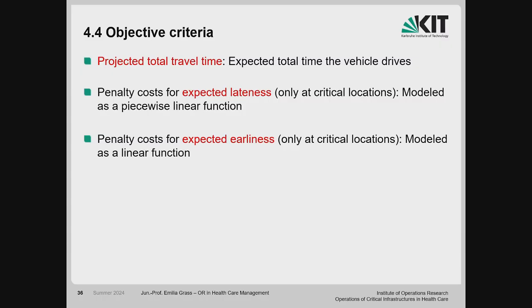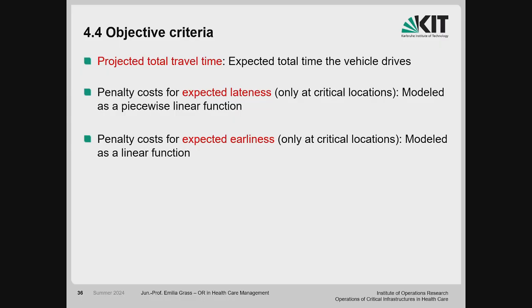Can you remember why? Why don't we have linear penalty costs for everything, for being late and for being too early? Why do we differentiate between the penalty costs for lateness and earliness?